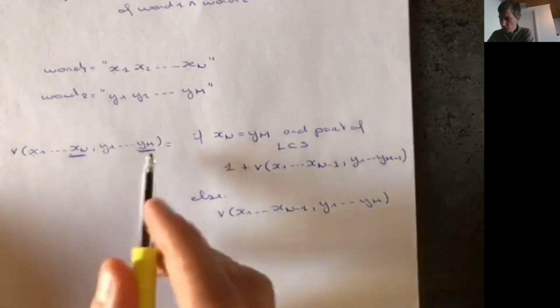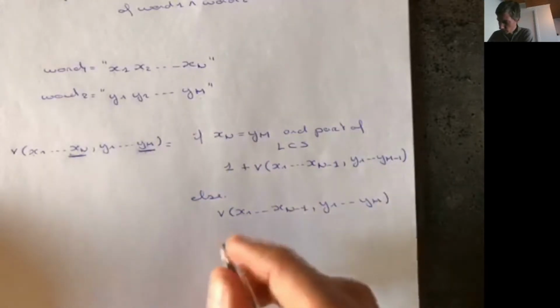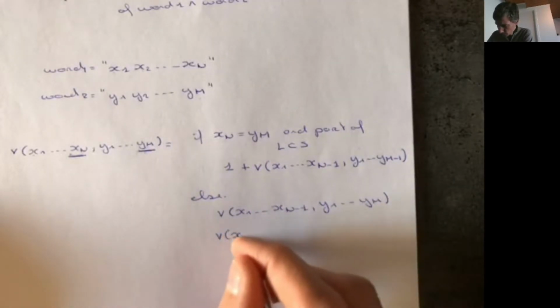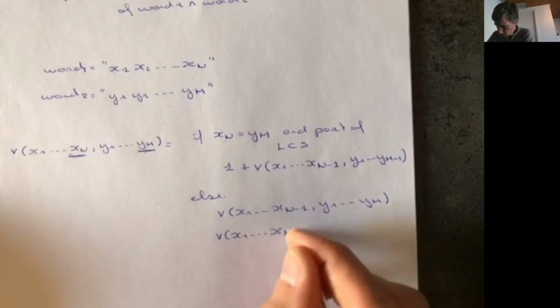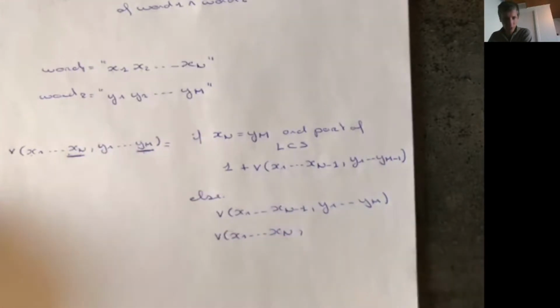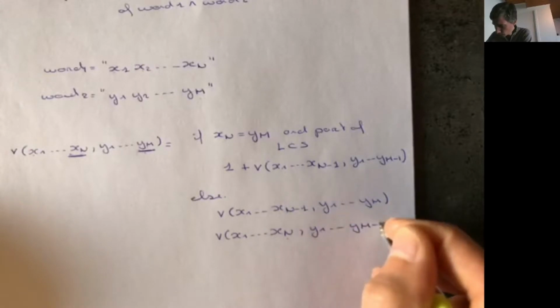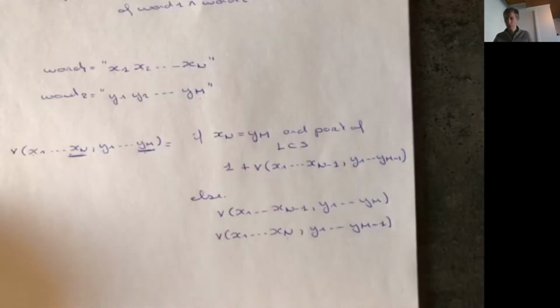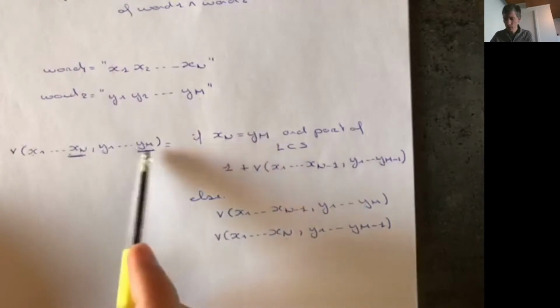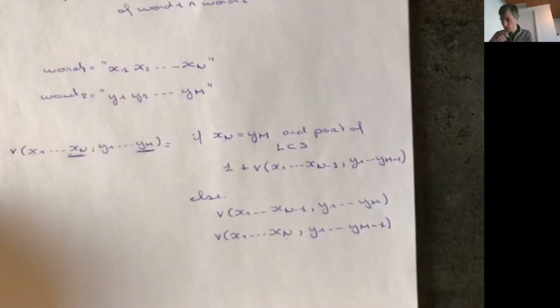In the third case, it's possible that ym is not part of it, and then I can write it as being equal to this, the word x1 until xn and y1 until ym minus 1. So either I can remove this letter or I can remove this letter, and the longest common substring doesn't change.